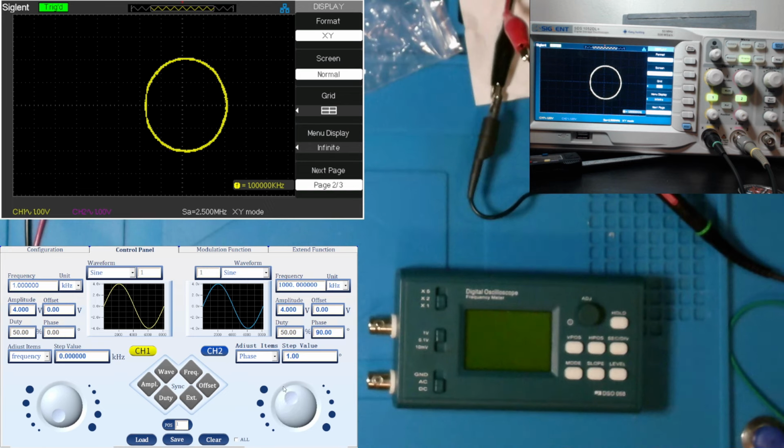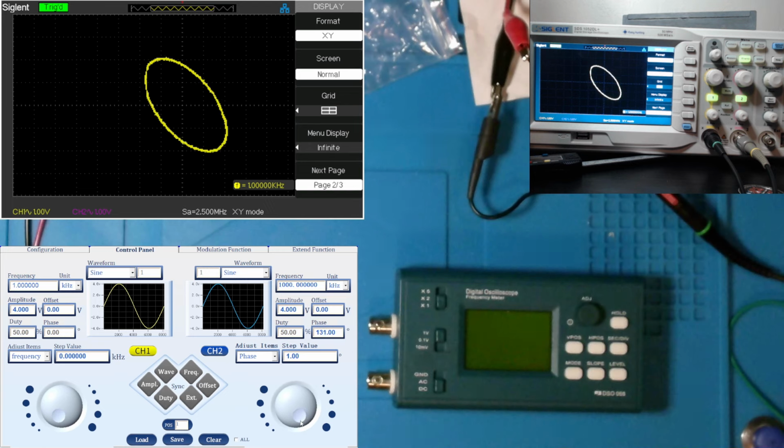We're now 90 degrees out of phase and we have a perfect circle. Let's take it up to 135 degrees out of phase. We're now oval and we're on a downward slope. Let's take it to 180 degrees.